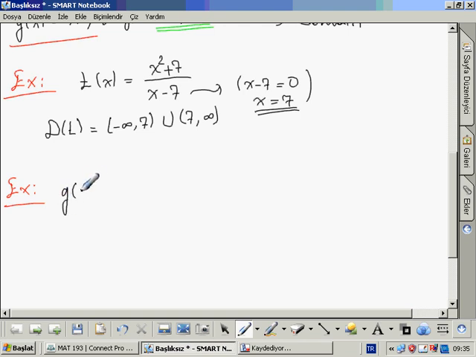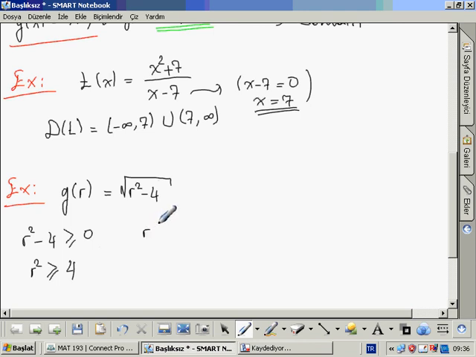And to continue the example again, the g of r function is the square root of r squared minus 4, and r squared minus 4 is larger than or equal to 0, so r squared is larger than or equal to 4. And what can we say about it?